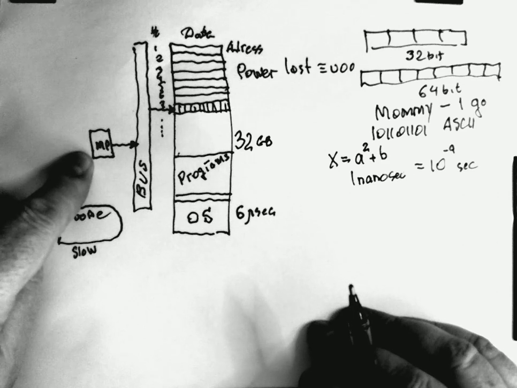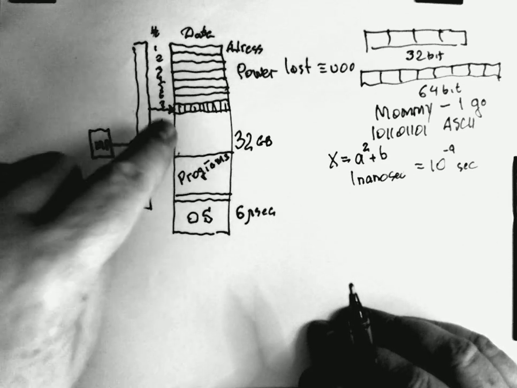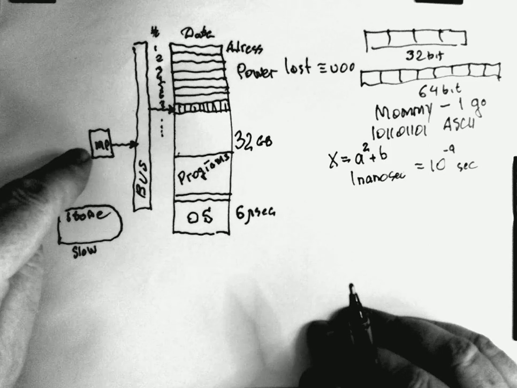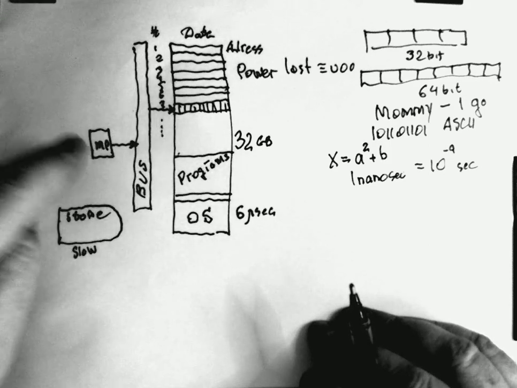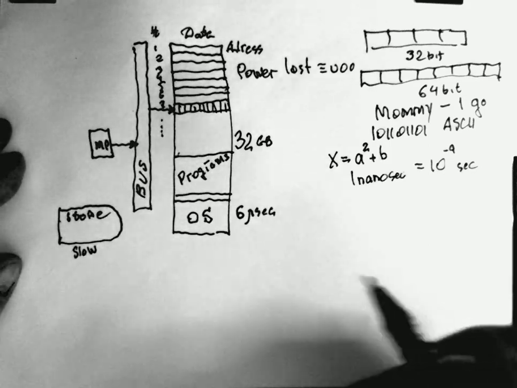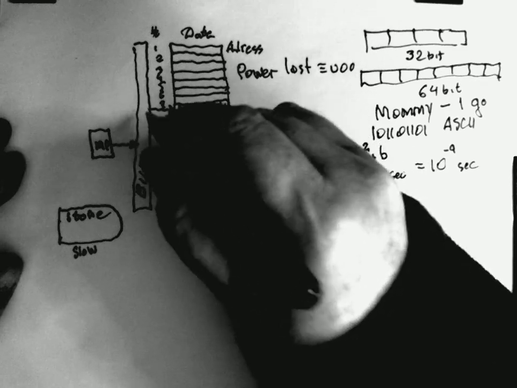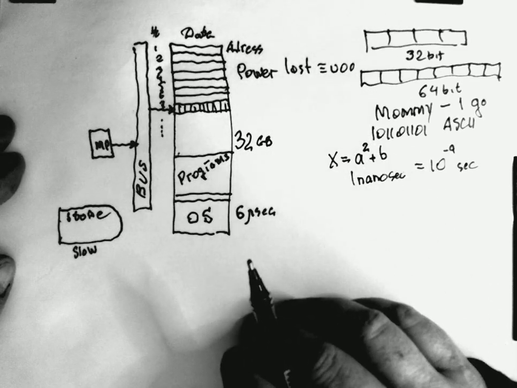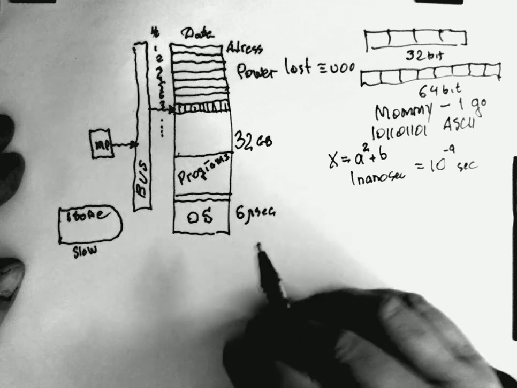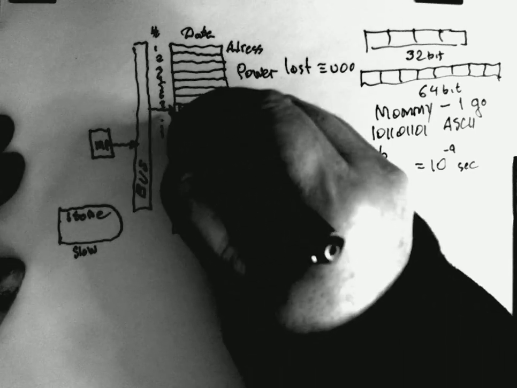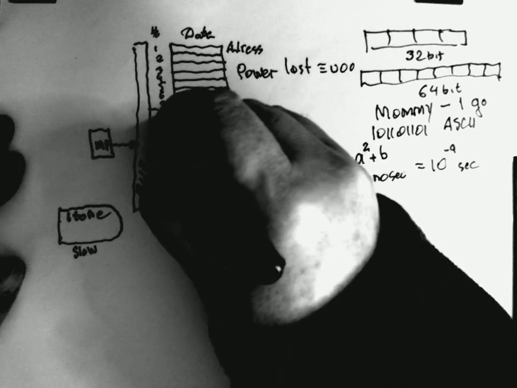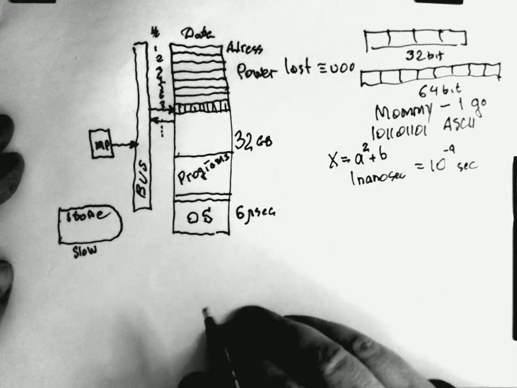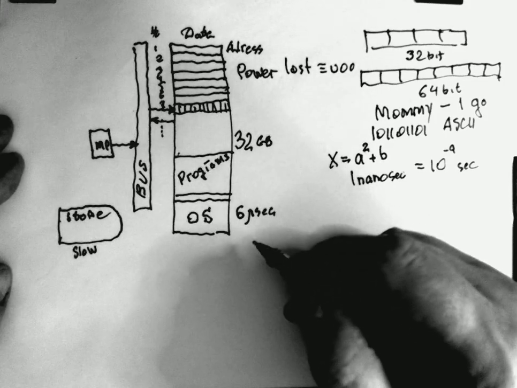I will tell you that the microprocessor has extra operative memory, so it can memorize the content of the memory cell. And then memory said, I'm ready to send you the content of my cell number 8. Then bus said, send it to me.